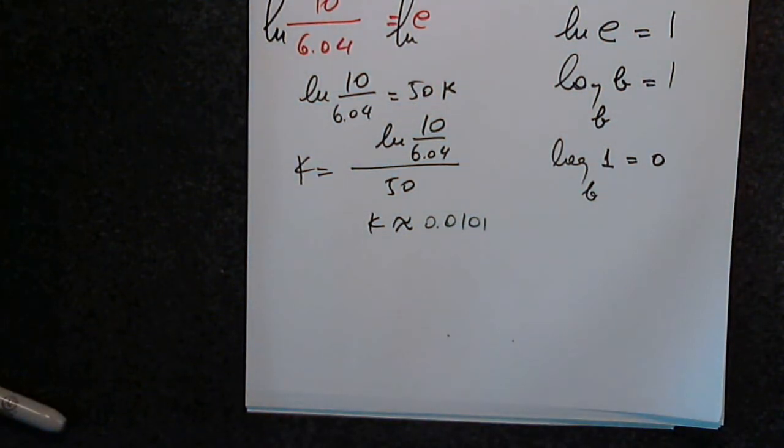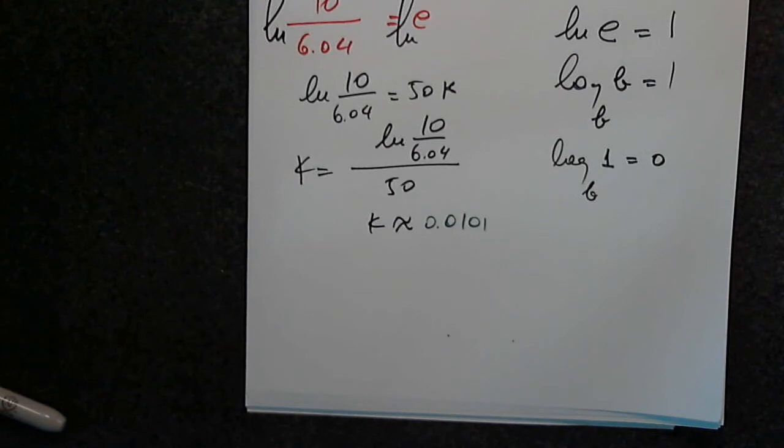How do I check, if you want to check? Yes. So I will have 10 minus 6.04 raised to, in parentheses, 50 times the previous answer. Close the parenthesis. What should I get if this is correct? 0. Correct. Oh yes, because I didn't put the base. And now I have to do it again because it will put the previous answer.